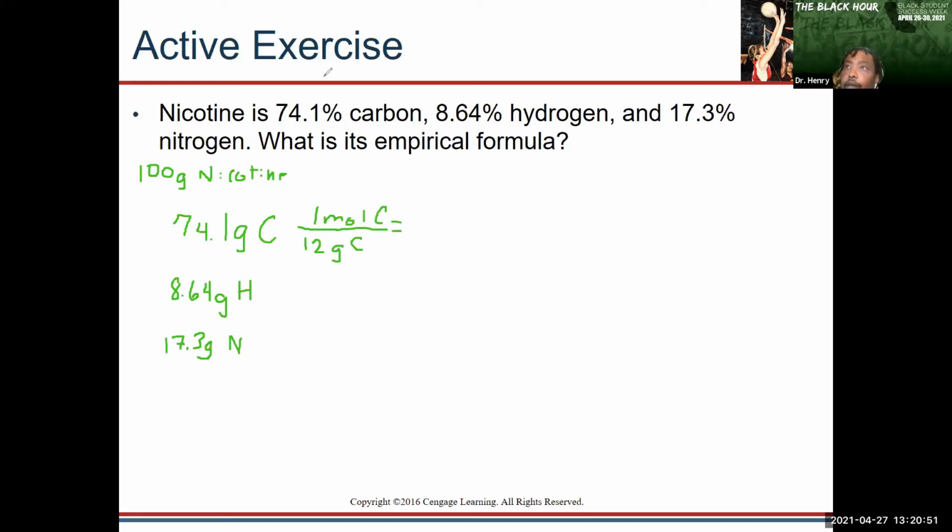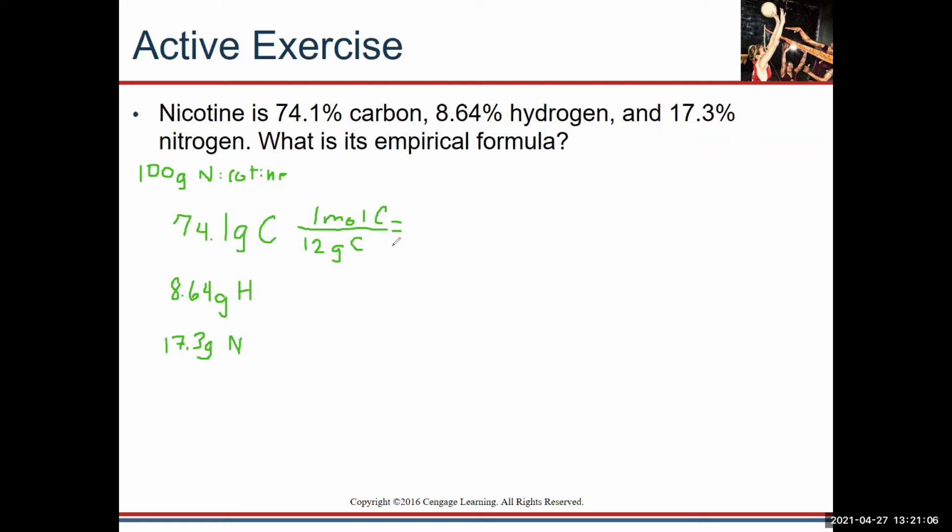And that's going to give me 6.175 moles.